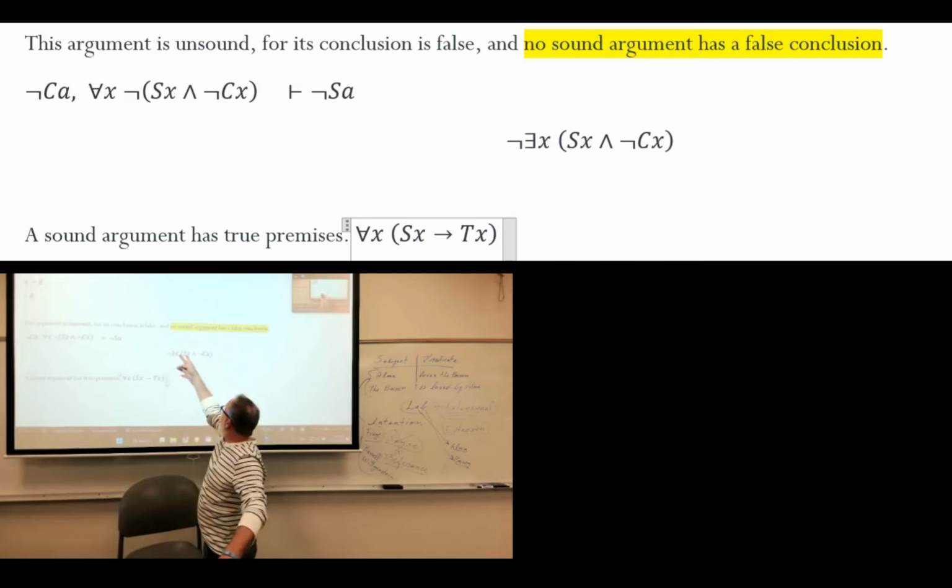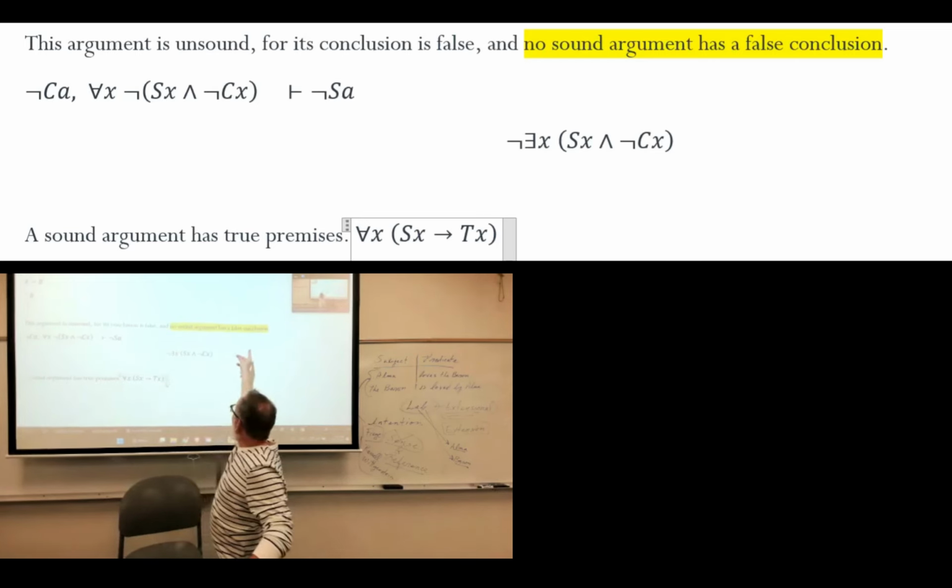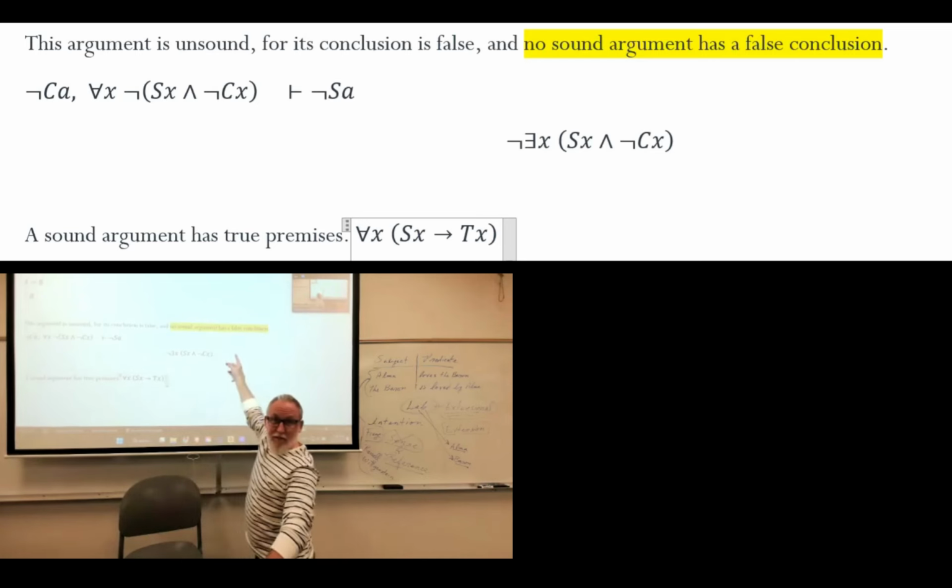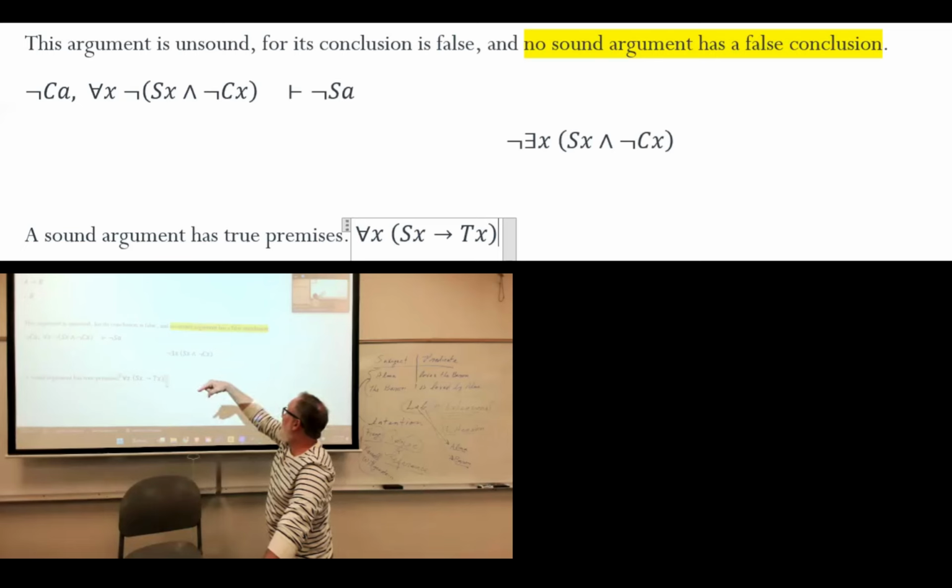Yeah. And just read it as there is no sound argument. And there is, to me, sounds like existential quantification. Okay. But it also sounds to me like for every sound argument, none of them has a false conclusion. Which gives you the universal not. Yeah.